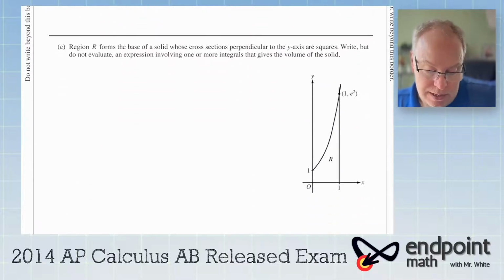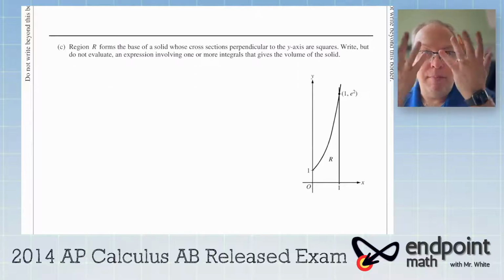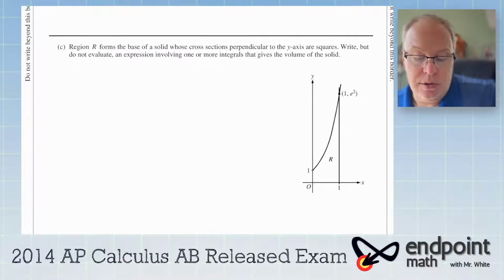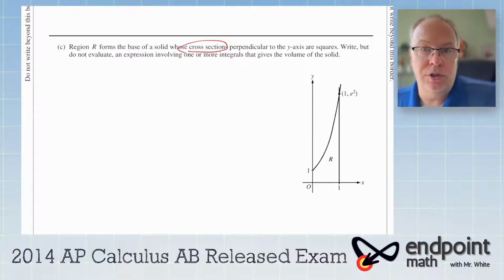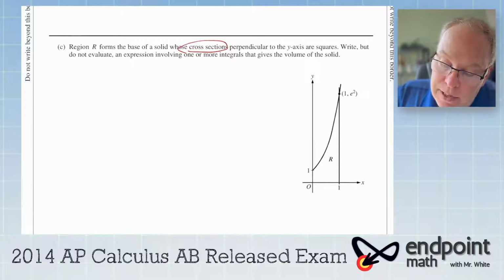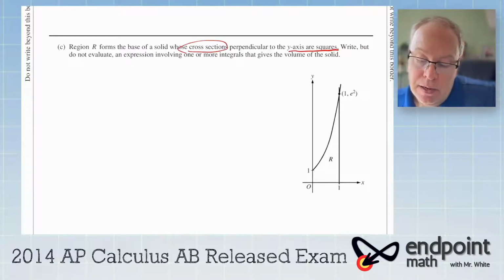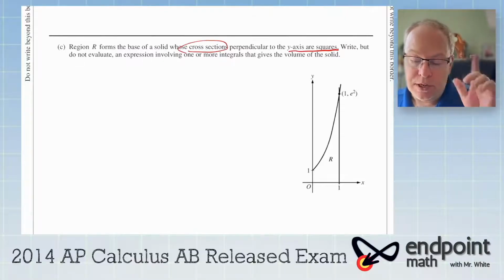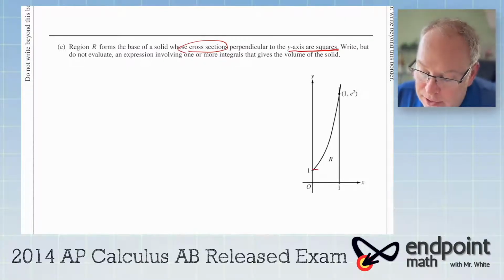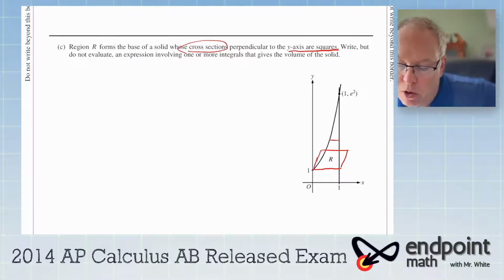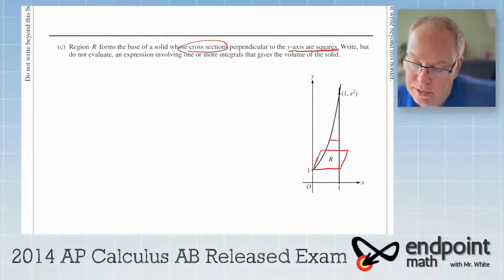All right, moving right along. Letter C here. The region R forms a base, and then up from the base is going some cross section. So this is not a revolution problem. This is not rotating around one axis or the other. We are going to be having squares that go straight up from, it says perpendicular to the y-axis. I always like to try my best to draw these somewhat with perspective, maybe to give students some help understanding this.